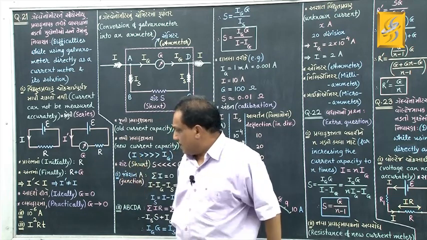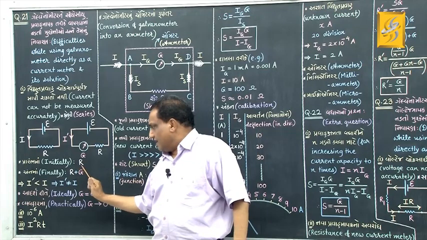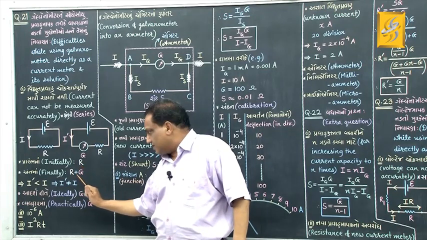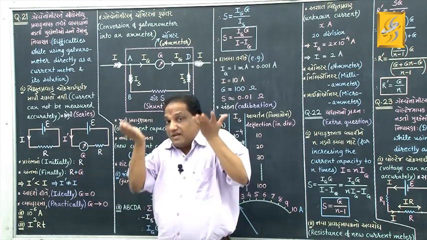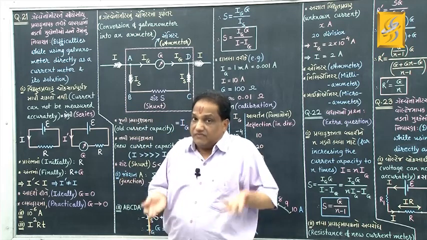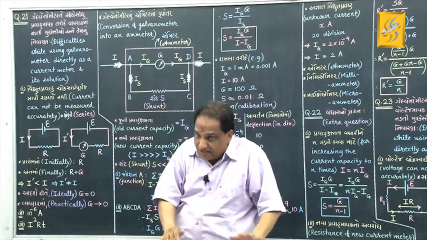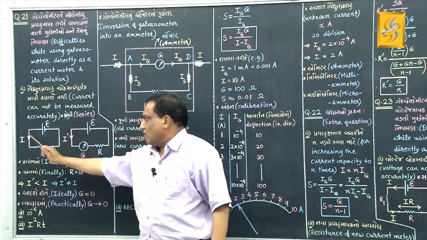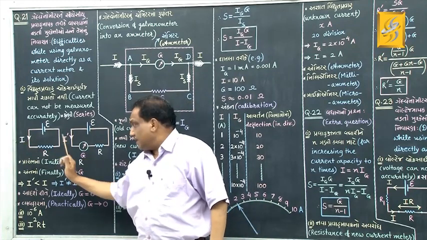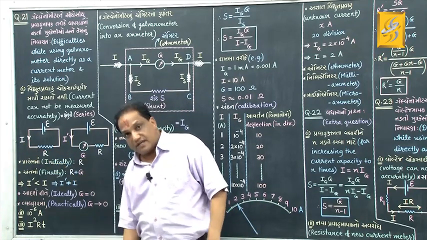Now tell me, earlier it was R, now it is R plus G, so resistance has increased. Naturally, when resistance increases, current will decrease. So this current is smaller than this current. I am saying that I dash will be less than I, correct?